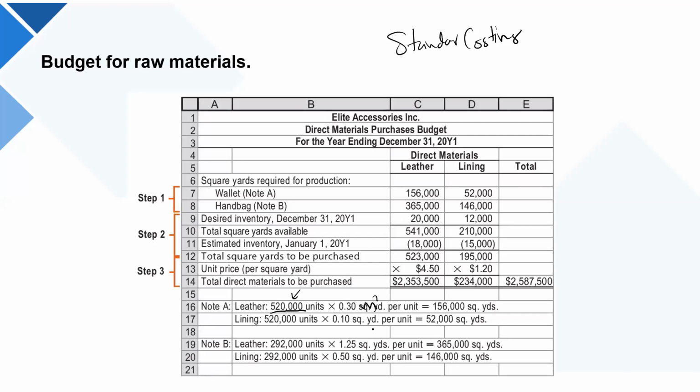Think of it as square meters because I changed that, but I didn't change it here, so don't worry about that. It's square meters. So I need to produce 520 units of leather. I took that from my production budget. That's for the wallets. So I'm going to multiply the leather and the lining times what I'm going to be using per product.